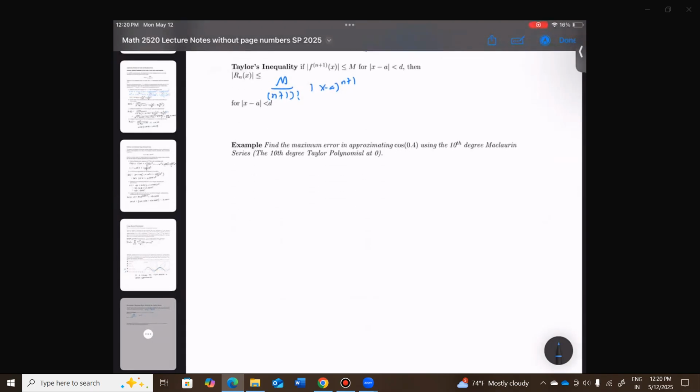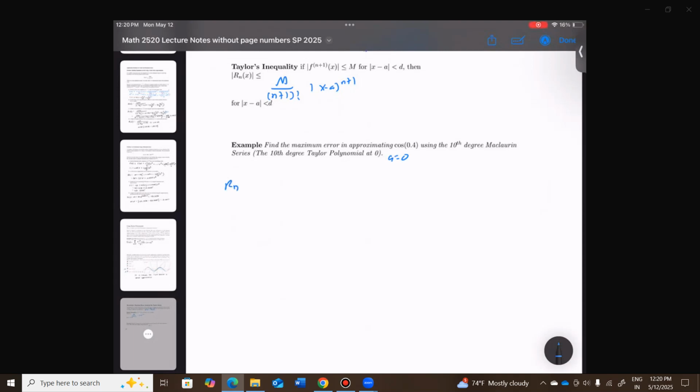So we want to find the maximum error in approximating cosine of 0.4 using the 10th degree Maclaurin series. So we're going to look at a equals 0.